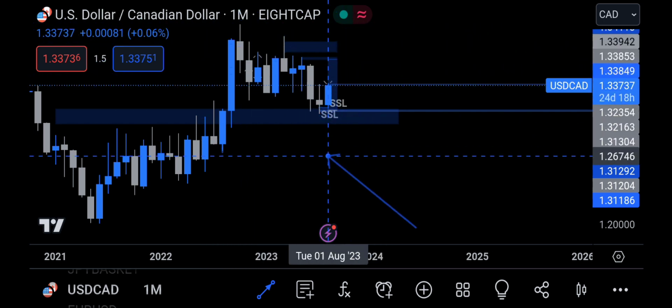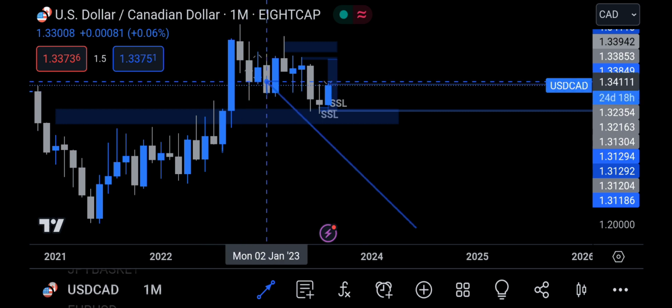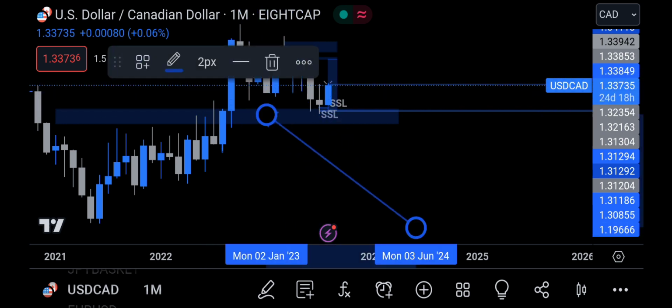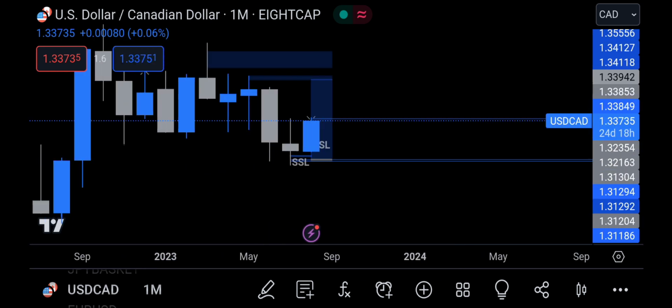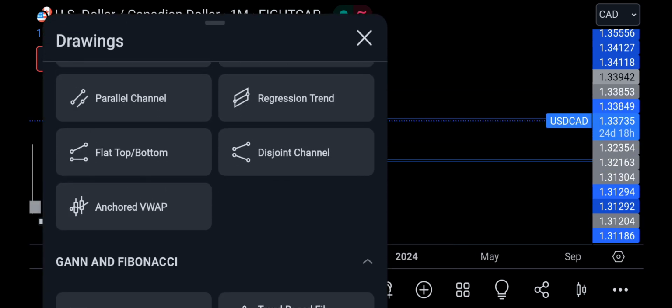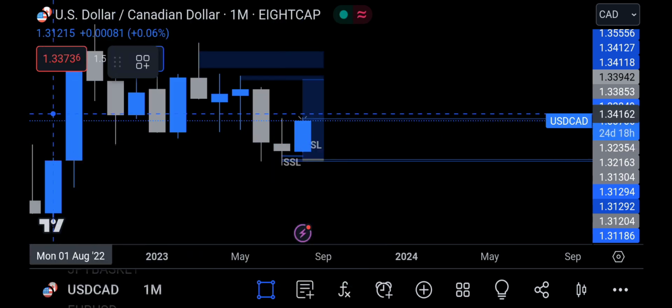However, if we take note, we will see that we still have a level of resistance around this zone. Let me highlight. This zone here, we have resistance around here.